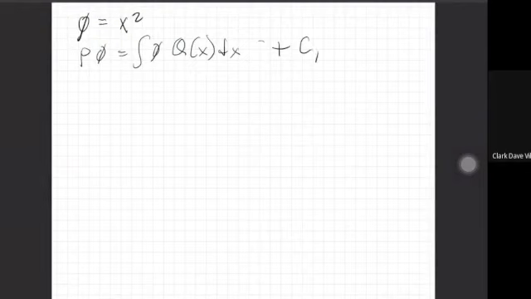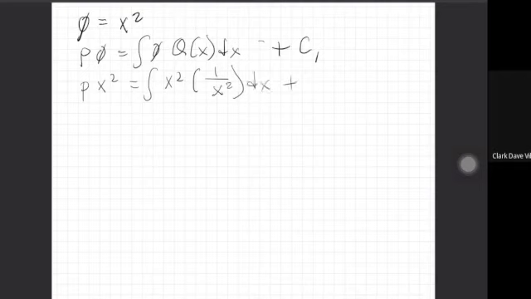The integrating factor is x squared, and x squared times Q of x, which is 1 over x squared, dx, plus c sub 1. So this will cancel out, and we still have p times x squared equals the integral of dx, which is simply x plus c sub 1.